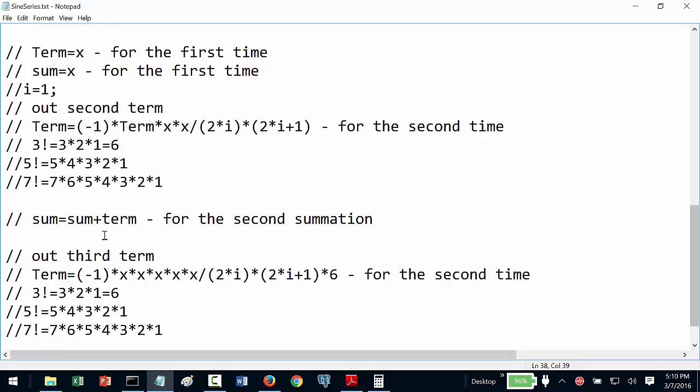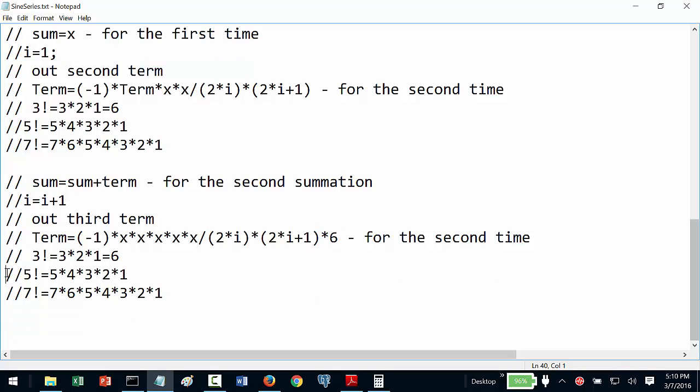Now my value of I will increment by 1, so I will be equal to I plus 1. Now if you look at this, my I is 2. So 2 into 2 is 4, plus 1 is 5. So 5 fours are 20, into 6 is 120, which is nothing but factorial of 5.